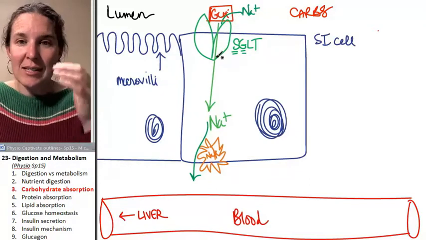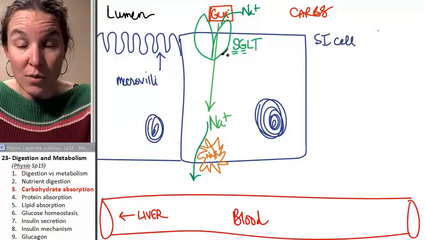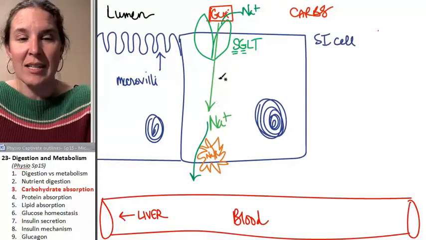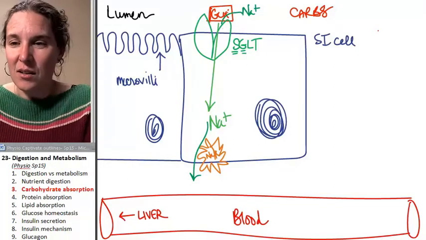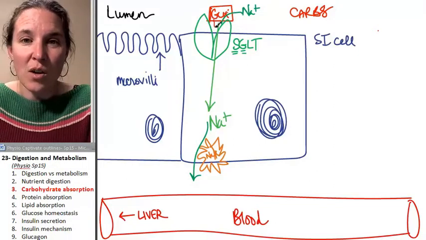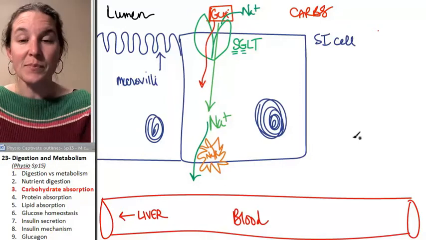When sodium says, thanks for the trip into the cell down my concentration gradient, that's easy, glucose says, I'm going to come along on this little adventure. And so glucose also gets a ride in.